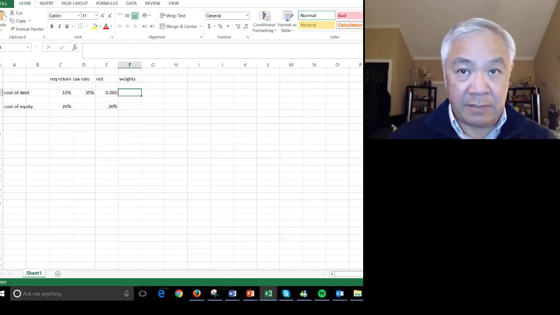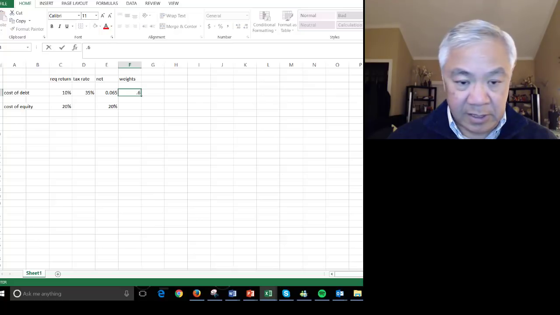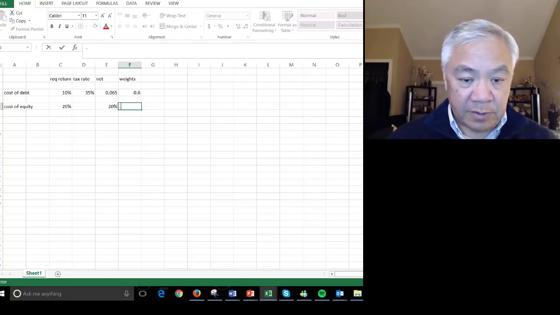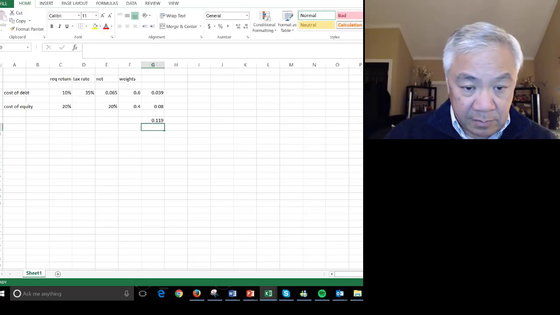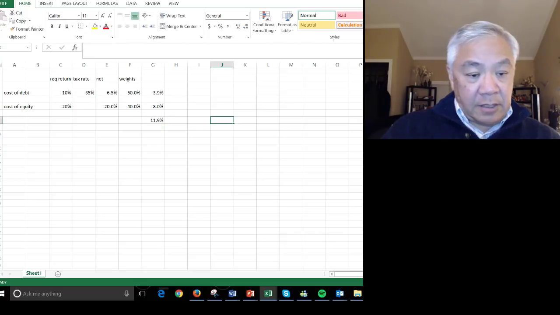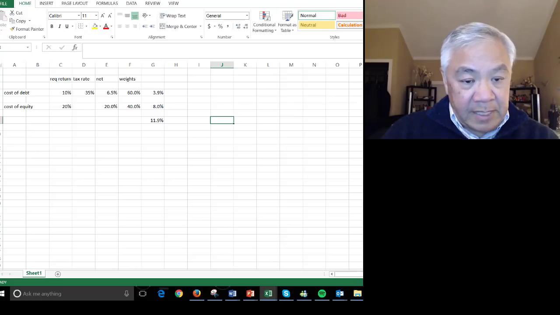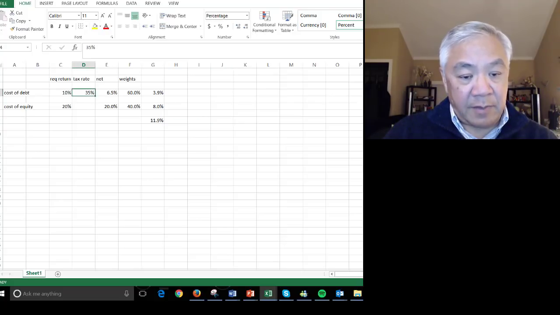So now we have the net costs, and then we need the weights. And we knew this is 60% debt, 40% equity. The amounts, convert all these to percentages also. So let's walk through this calculation. 10% times 1 minus 35% is 6.5% is our net cost of debt. It's lower because we have a tax shield.